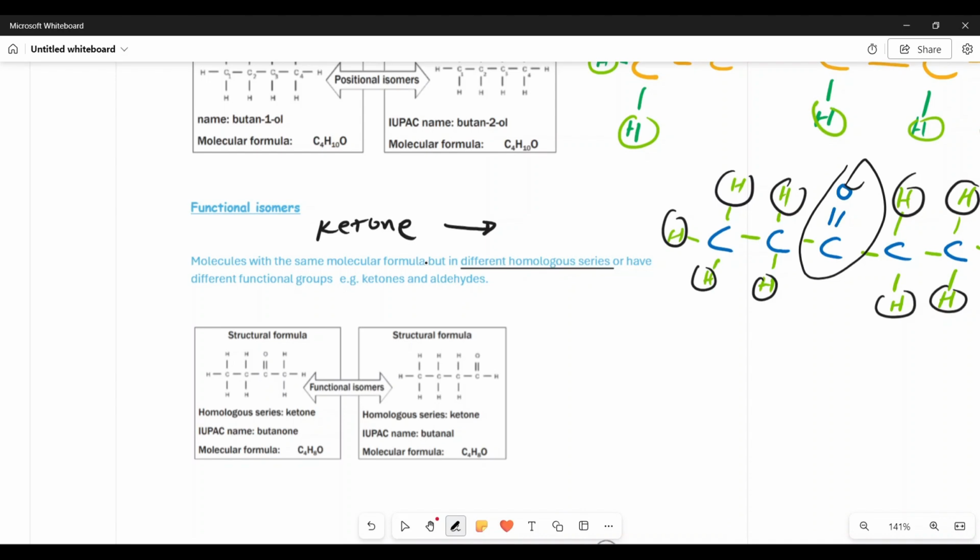So now these are molecules with the same molecular formula. So your molecular formula doesn't change, but they are in different homologous series, which is what I was explaining. This is the only difference. So the homologous series would change. Now, there are two types of functional isomers that you need to know about. So what are those? These are ketones and aldehydes.